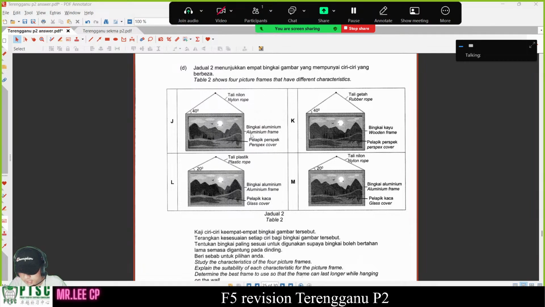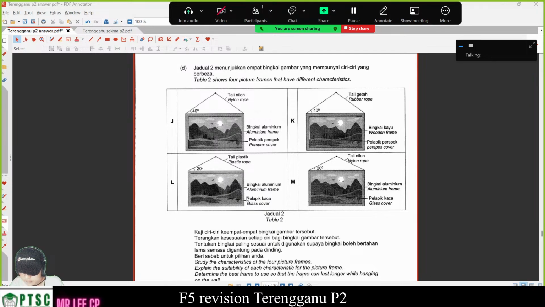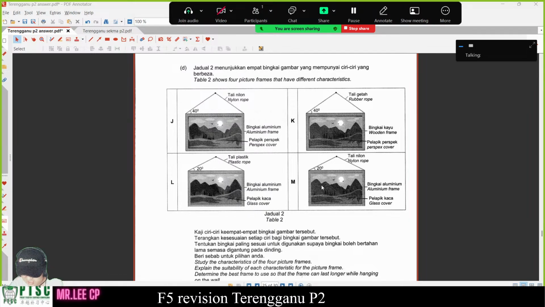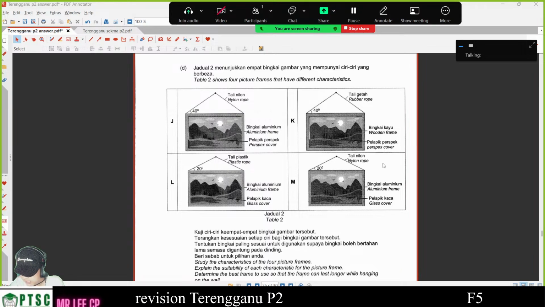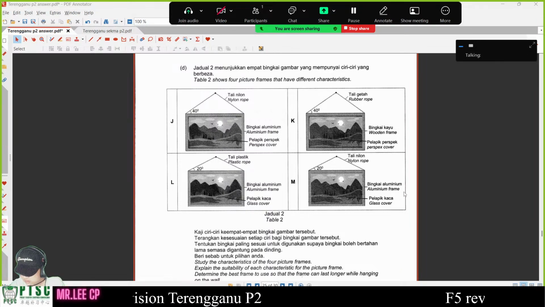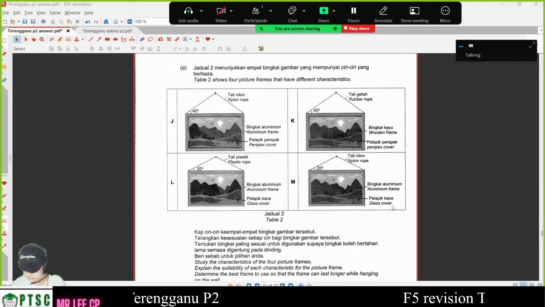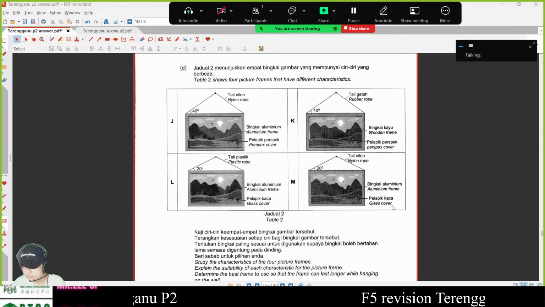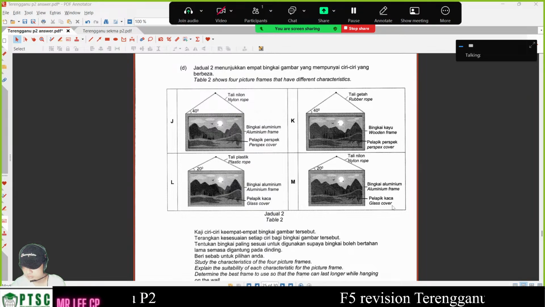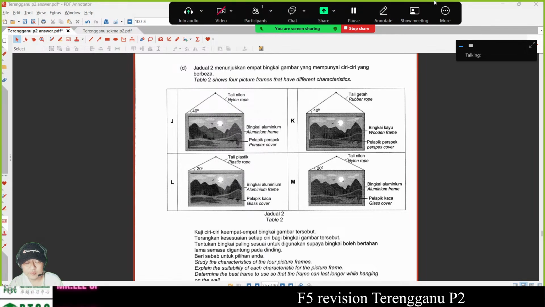And then aluminum frame, perspex cover, aluminum glass cover. Wooden frame, perspex cover, aluminum frame, glass cover. Normally the anchor has to be small.